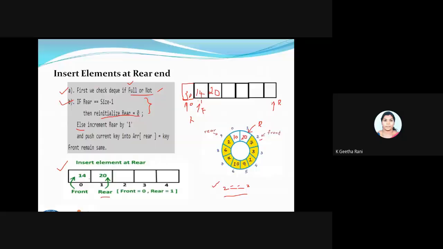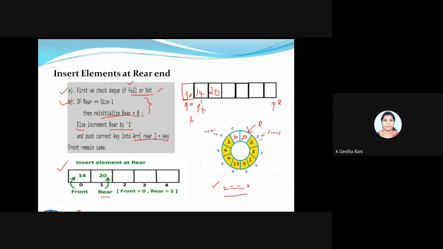And the next else part is, if there is already an element, just increment the rear by 1 and put the value inside the array. So we have three logics here. The first is to check whether my queue is full or not.